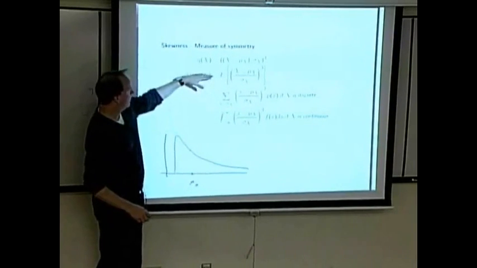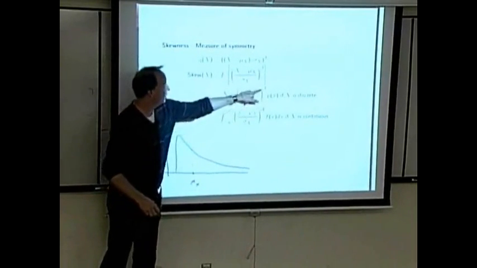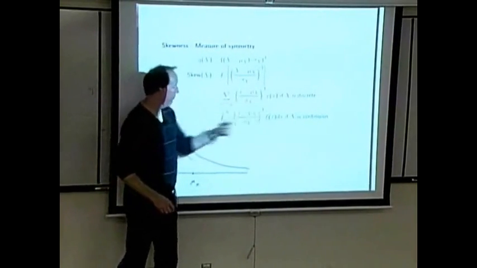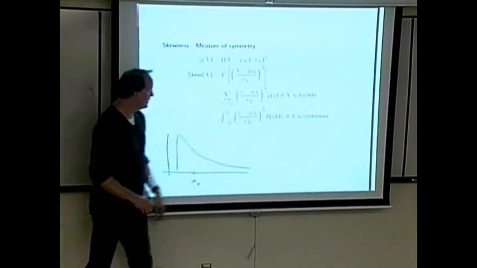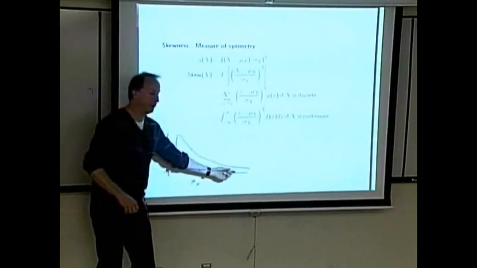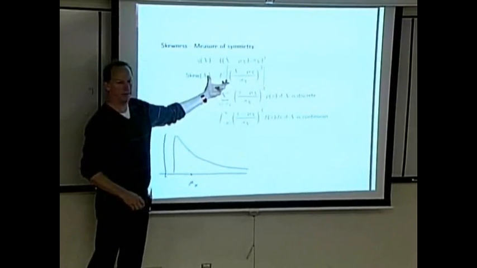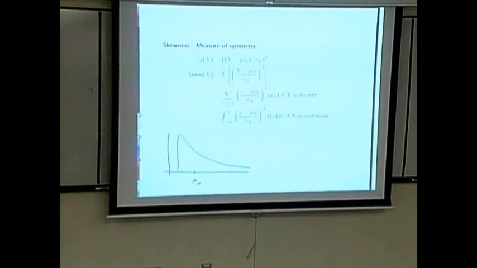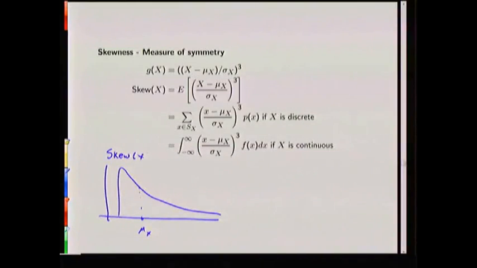So when you're evaluating skewness, which is the probability weighted average of x minus the mean cubed multiplied by probability, or in a continuous random variable, we would take the integral weighted by the density, in a distribution like this, these big numbers would dominate this calculation, and we'd get a positive number. So this is a situation where the skewness of x is greater than 0.